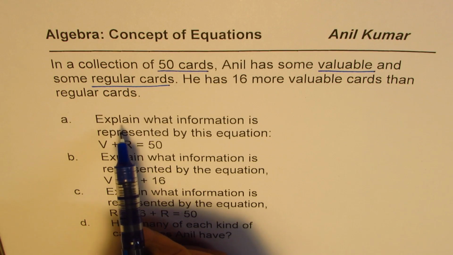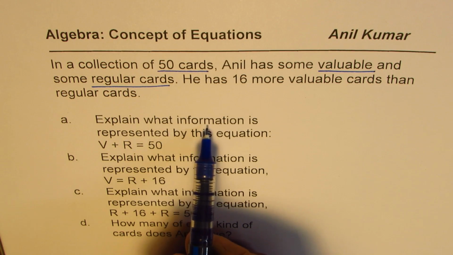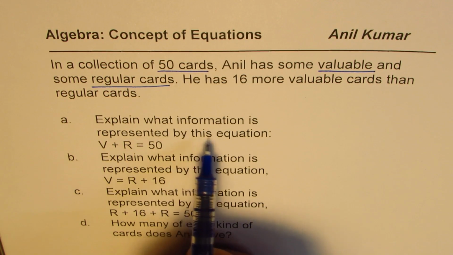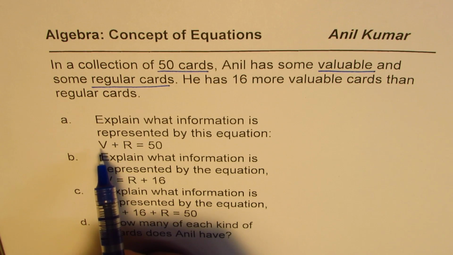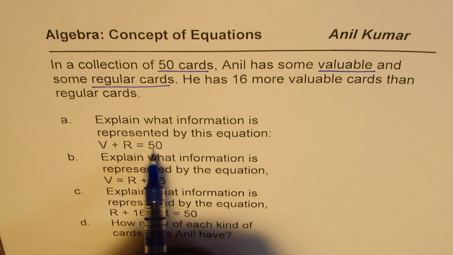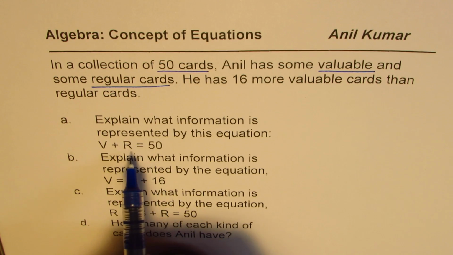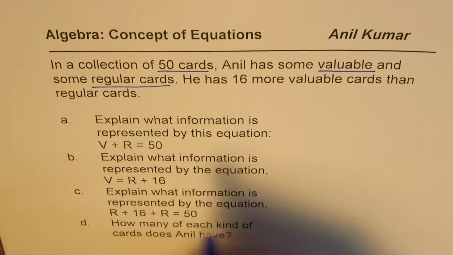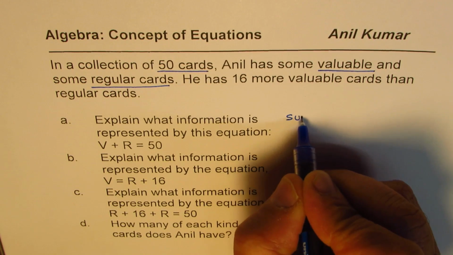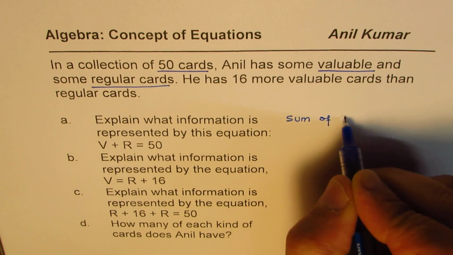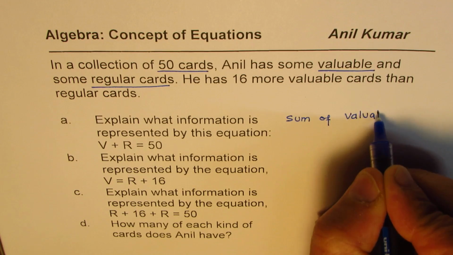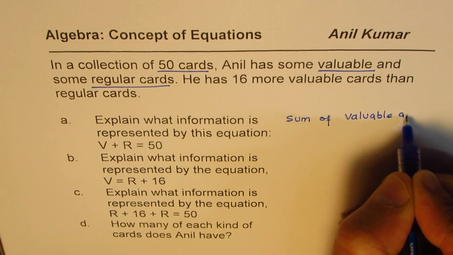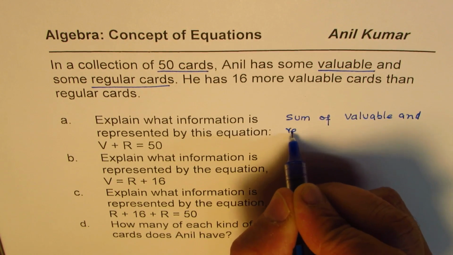It says, explain what information is represented by this equation. V plus R is 50, right? So the equation has 2 parts. On the left side we are saying V plus R, that is the sum of valuable and regular cards.